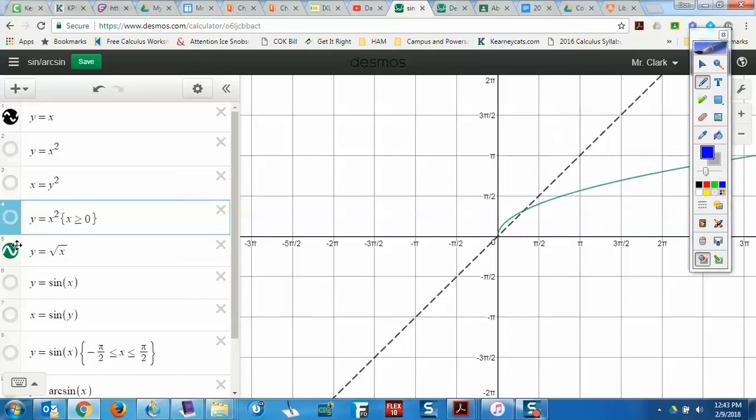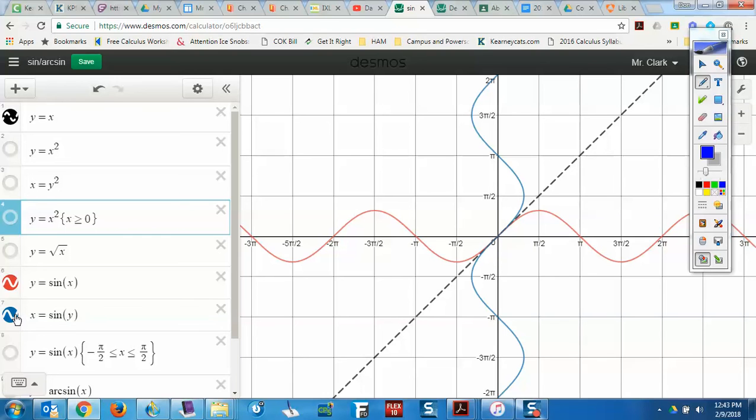Okay, let's do that with sine then. Okay, so here's your normal sine graph. All right, and so what if I do interchange the x and y, x equals sine y, look what I got. I got the thing I had drawn by hand. Okay, but now let's restrict it. Now where should we restrict, you suppose, the sine graph? What piece should we grab so it passes the horizontal line test, but includes all the values?